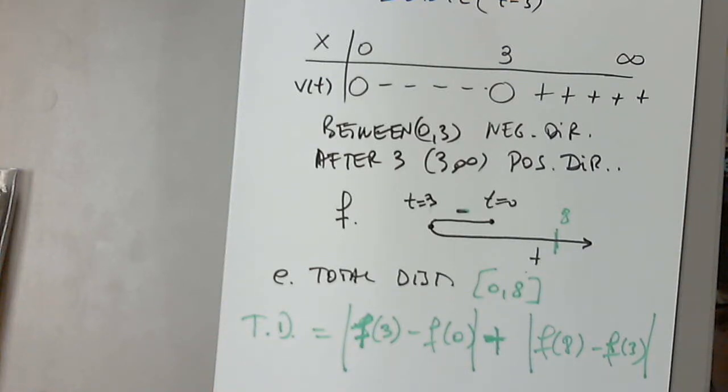Okay, so here's the function. My apologies. 0.01 x to the fourth minus 0.04 x cubed. After I put it in, I went to second table. Okay, so I plugged in 0, 3, and 8.